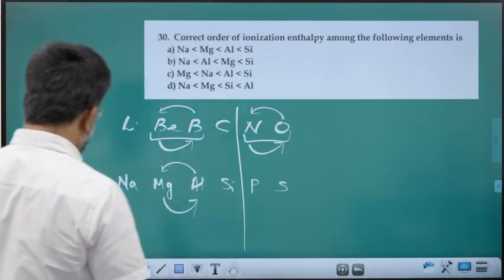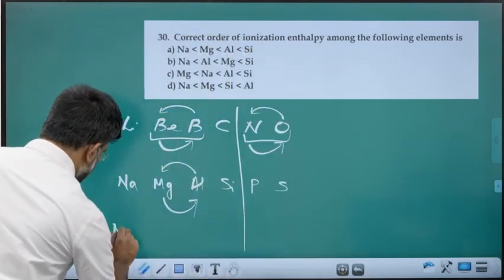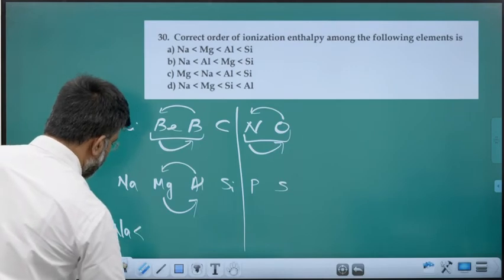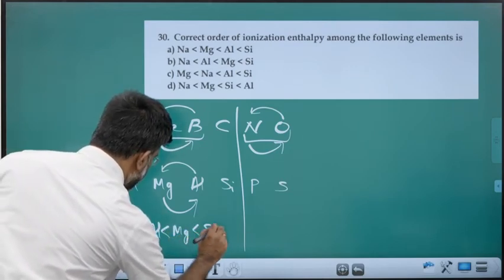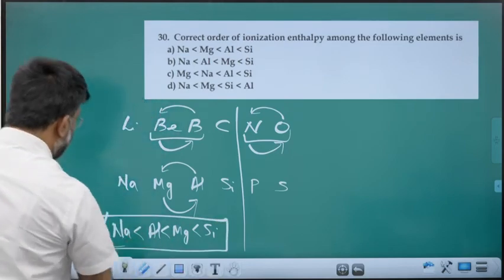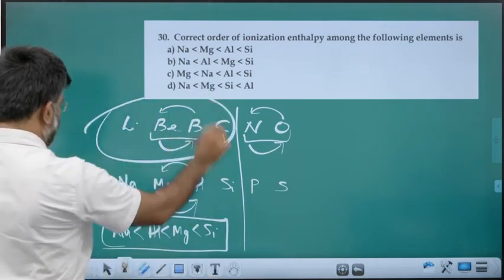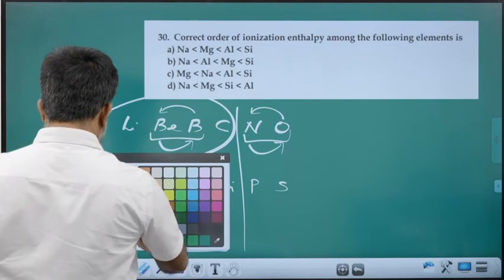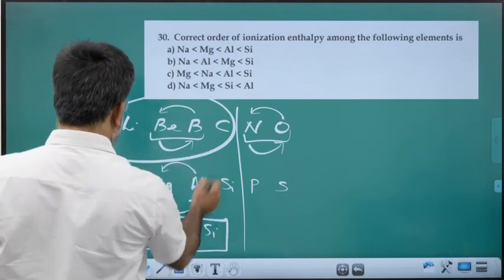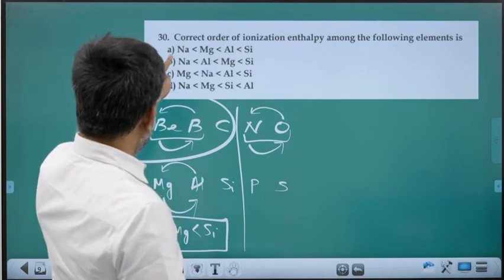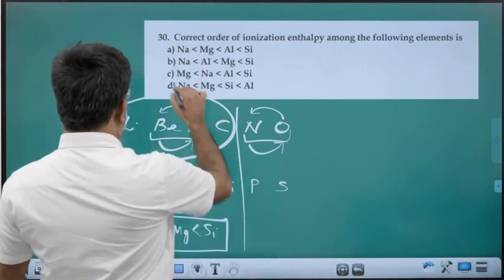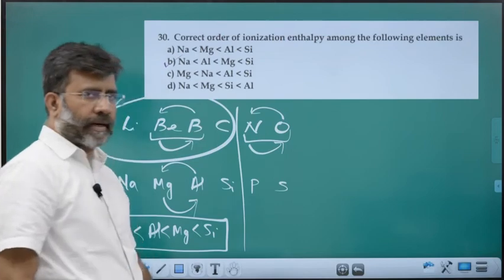So what will be the order? Sodium minimum, then aluminium, then magnesium, then silicon. That will be the order, which is similar to the order we have seen in the second period. So which one is the answer? Sodium, aluminium, magnesium, silicon. Option B is the correct answer.